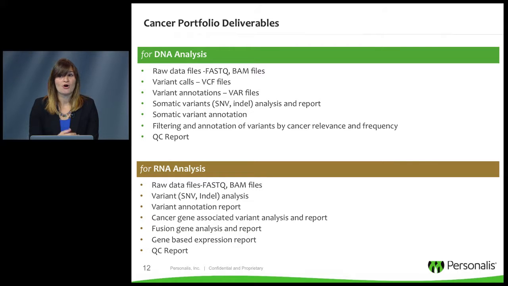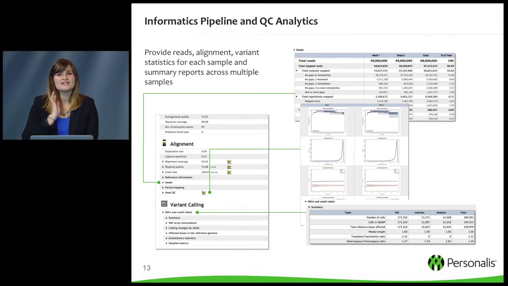So we return all raw data, including FASTQ and BAM files, variant calls, and variant annotation. During this talk, I'll be focusing on our DNA analysis, but we do return a full suite of deliverables from extracted RNA as well. And finally, we also return extensive QC reports on the sequencing data with over 100 read, alignment, and variant stats. So it's very easy to determine quickly the quality of the sample and of the sequencing at first glance, as well as the overall somatic variant calling statistics.